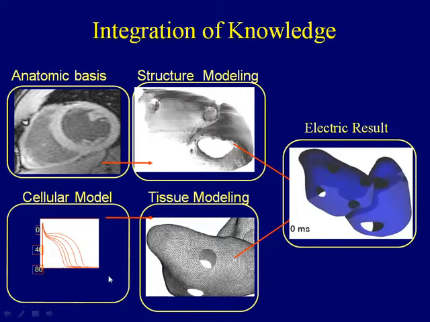And on the other hand, we have the knowledge from physiology and from the atrial cells. We can put these atrial cells into a grid, make a tissue modeling, and from there reconstruct an atrium with the anatomic and the electrical part of that can create problems, as I told you.